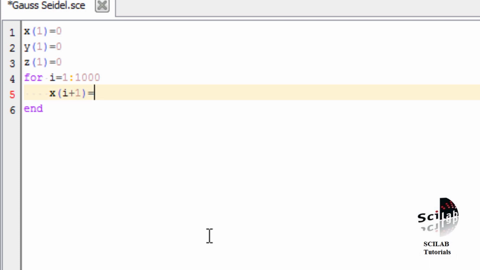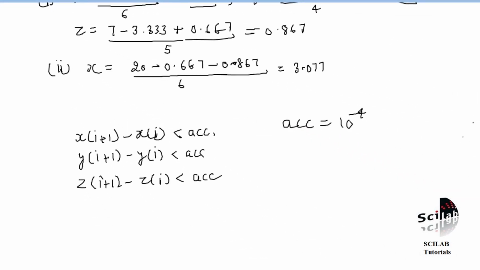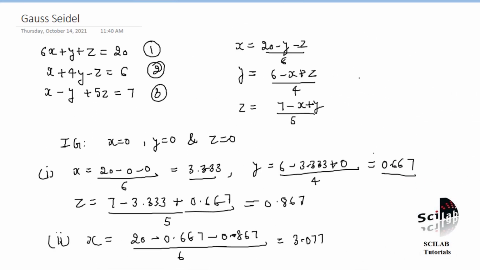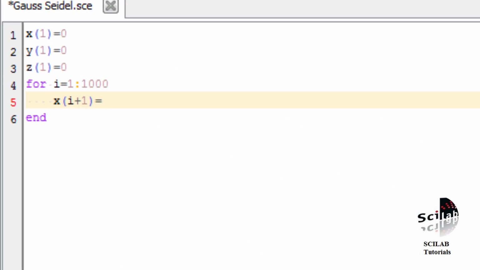Now our equation for x is (20 - y - z) / 6.